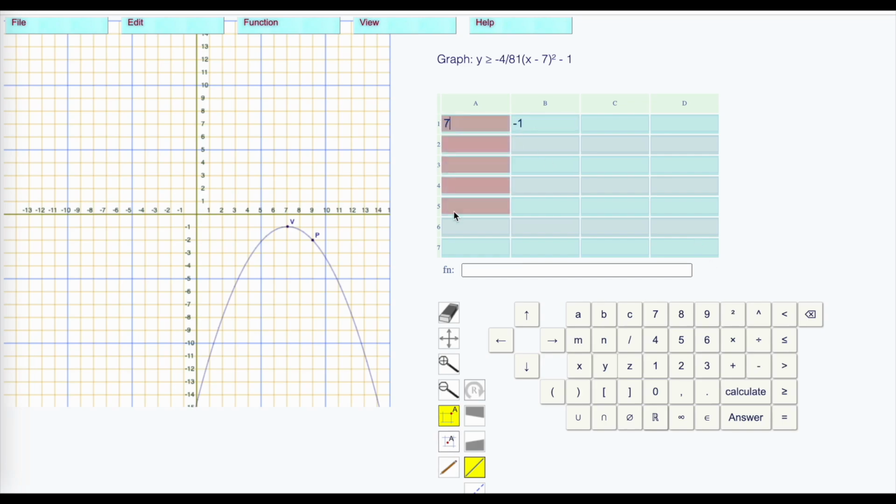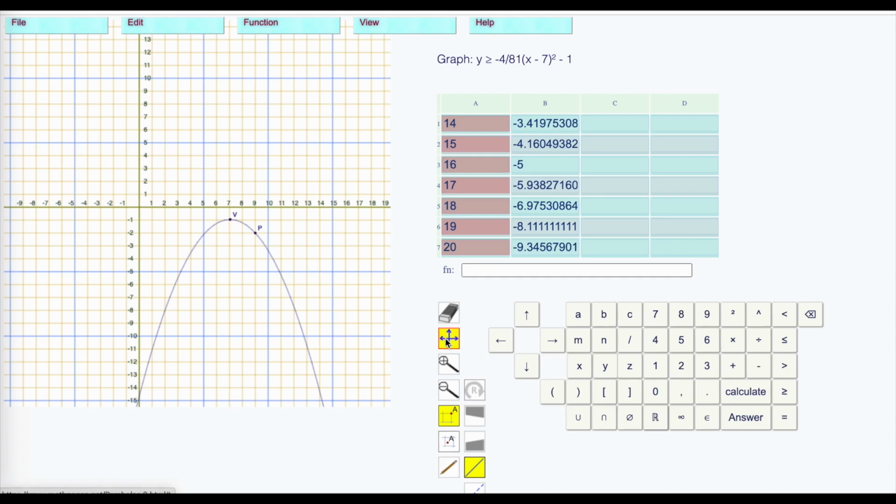Then I'm going to fill that down, just doing values greater than 7, that's fine. I'm going to go in the positive direction this time, filling these down. We're going to go to 14, and then we see at 16, we have -5. Translate that over a little bit. At 16, we have -5.